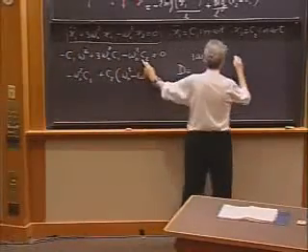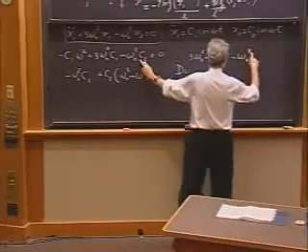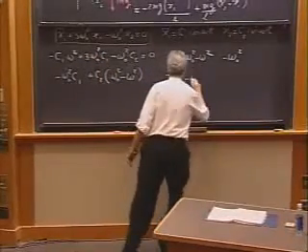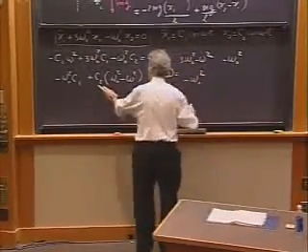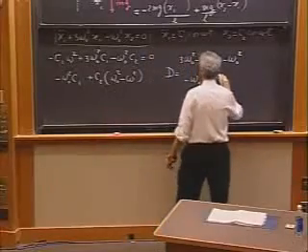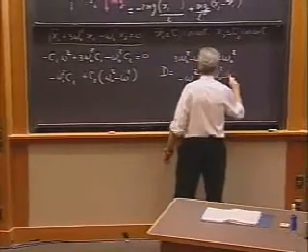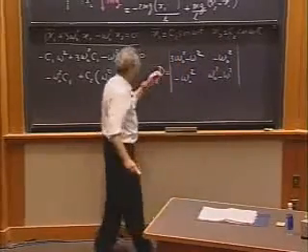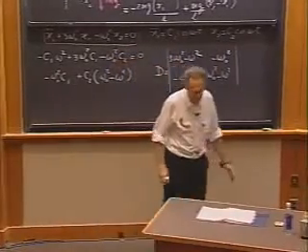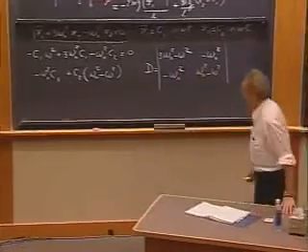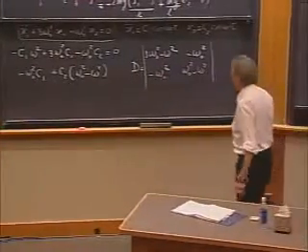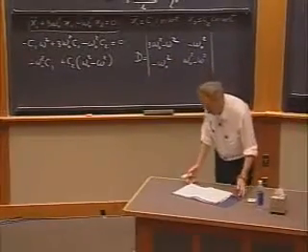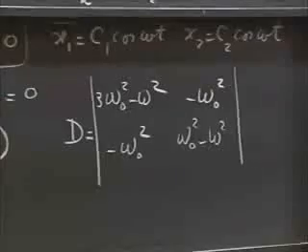Then I get here minus omega 0 squared, that's the C2. And here I get omega 0 squared minus omega squared. And the determinant of this, that's D. And I presume you all know how to get the determinant of this very simple matrix. We'll do that together, of course.